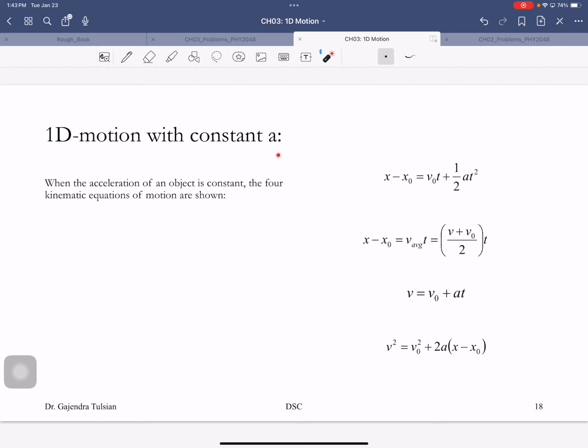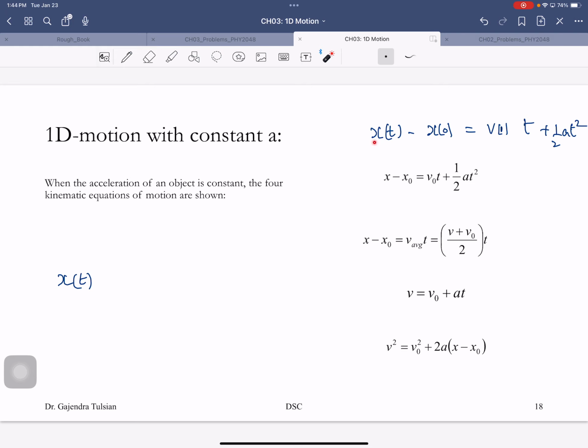So when the acceleration is constant, it turns out that these are the four kinematic equations. Remember, what we are interested in is description of motion. What this equation is telling you: x minus x at 0 time equals velocity at 0 time times t plus 1/2 acceleration times time squared.